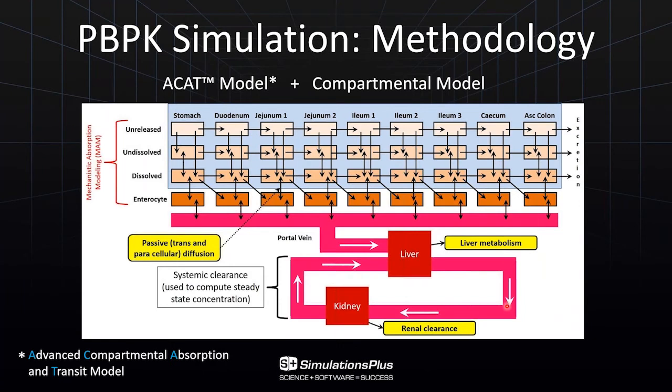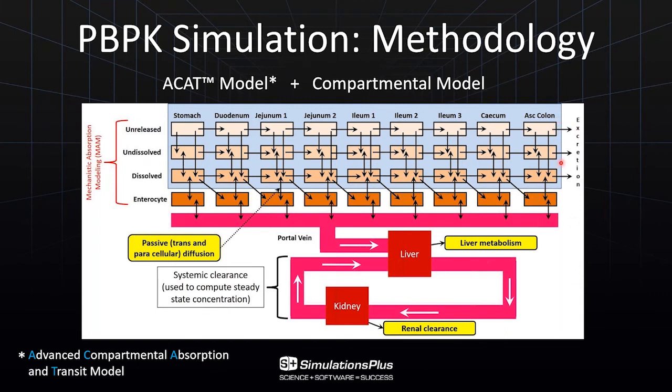The pharmacokinetic predictions are different in that they are not QSAR models, but rather the result of a mechanistic simulation of drug disposition. We model the process using two components. There's the ACAT model to describe the transit through the GI tract and absorption into the enterocytes, and then a compartmental PK model to describe the distribution and elimination.